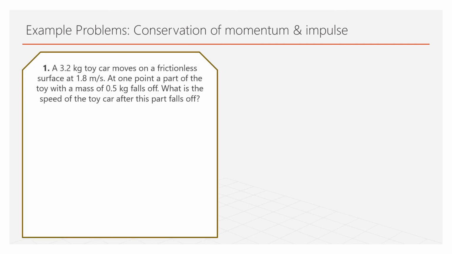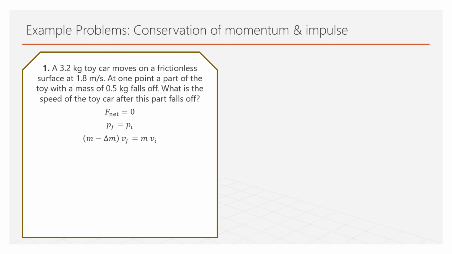A 3.2 kilogram toy car moves on a frictionless surface at 1.8 meters per second. At one point, a part of the toy with a mass of 0.5 kilograms falls off. What is the speed of the toy car after the part falls off? The net force acting on the car is 0, and so therefore momentum is conserved. Momentum after the part breaks off can be written as the new mass, which is the original mass minus the mass of the part that breaks off, multiplied by the new speed.